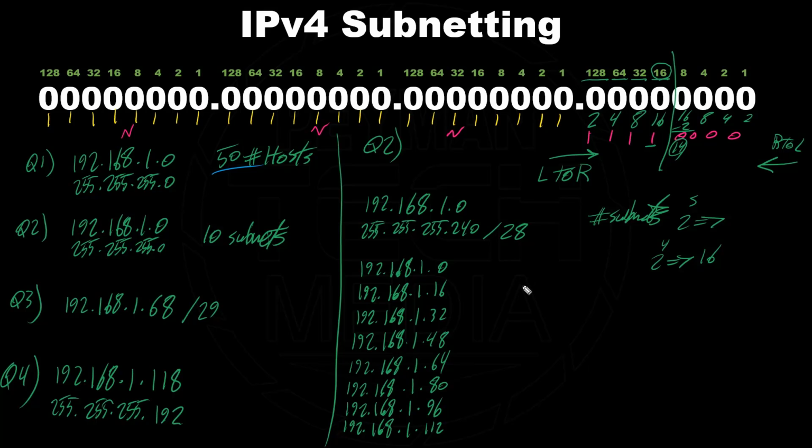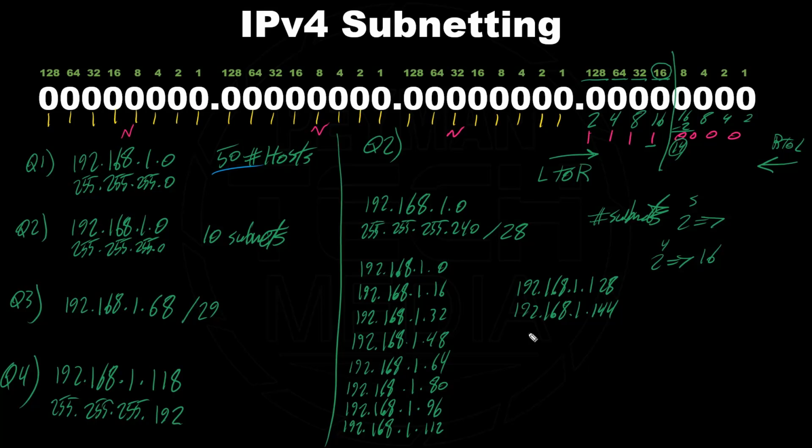So the next subnet would be 192.168.1.128 because 112 plus 16. 1, 2, 3, 4, 5, 6, 7, 8, 9. Let's write down 192.168.1.128 plus 16, 144. That's it. These are our 10 subnets, including the zero network.